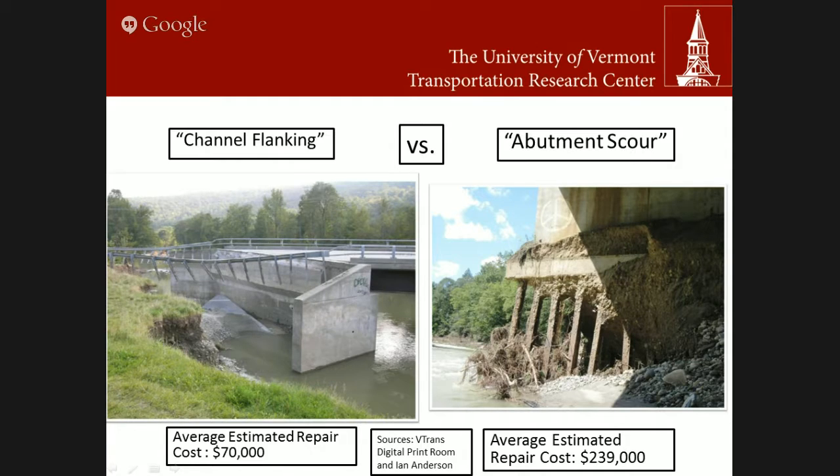And so the average repair cost for scour damage in Vermont due to Tropical Storm Irene was $240,000, as compared to the average repair cost for flanking during Tropical Storm Irene, which was $70,000.